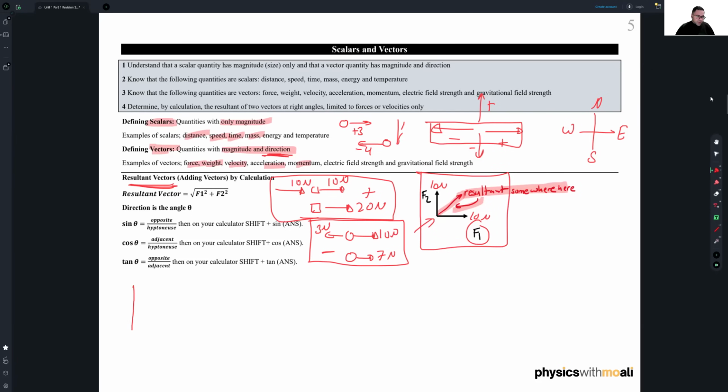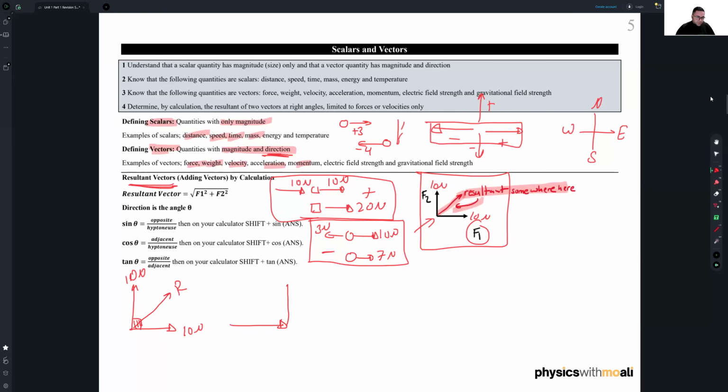If I tell you that you have a 10 Newton force to the right and a 10 Newton force up top, I want you to find the resultant, which is in between them. Let's call this R. You need to understand that any two forces at right angles to each other constitute a triangle.